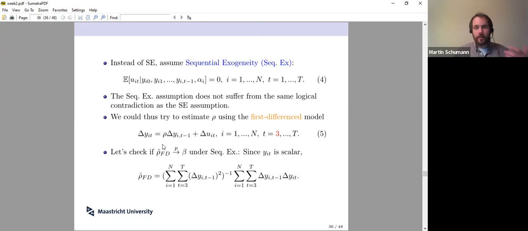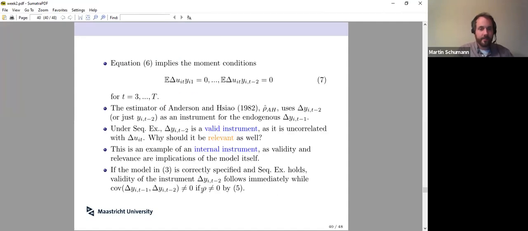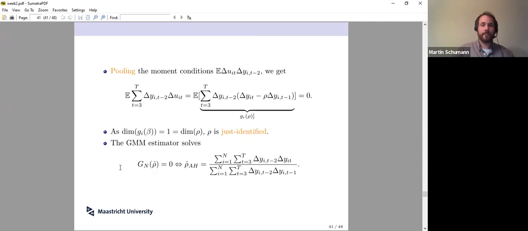It just comes directly from the model. So there is some correlation as long as this rho parameter is non-zero. Okay, so that's an internal instrument. We don't even have to look for any clever instruments.